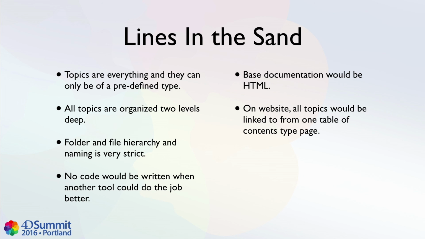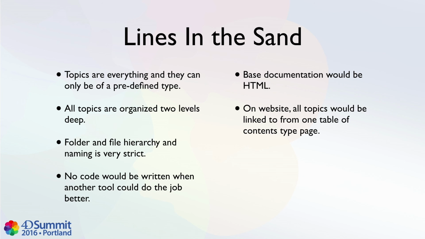First of all, I decided that topics were going to be the name of the game here. Every single thing that I define in the system would be a topic. In other words, there would never be a thing in the system that would only link to other topics. It's just a topic. So that was kind of a limitation, but I was willing to live with that.